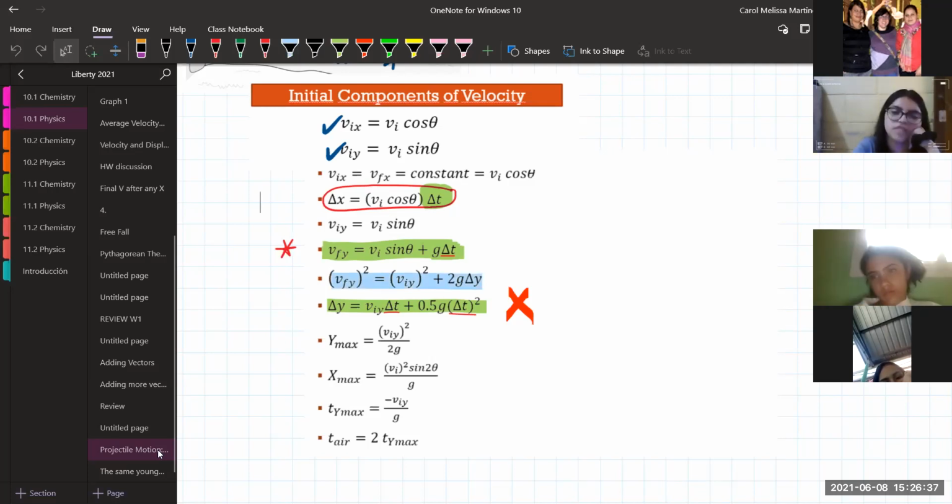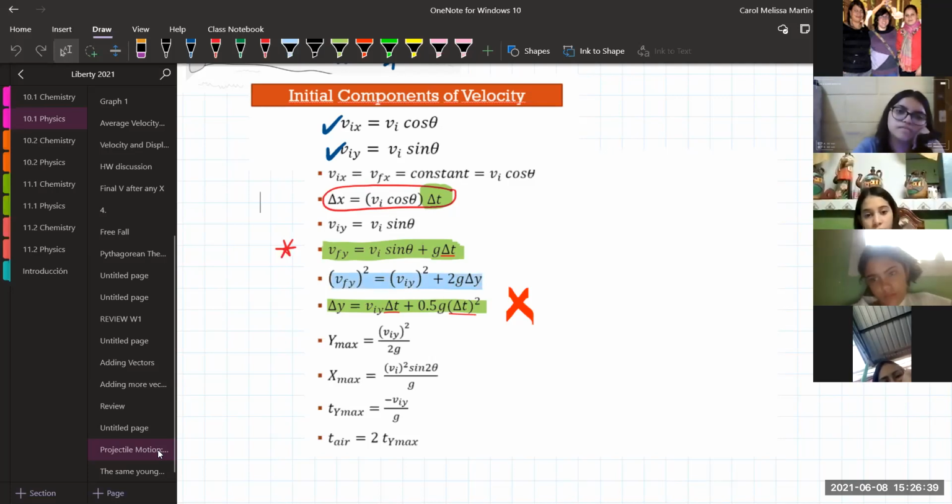It says vfy squared, but you can get rid of the square by using a square root.